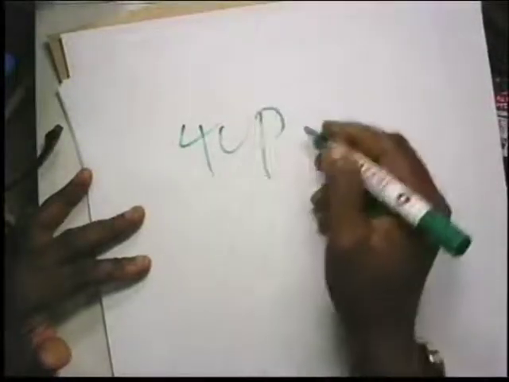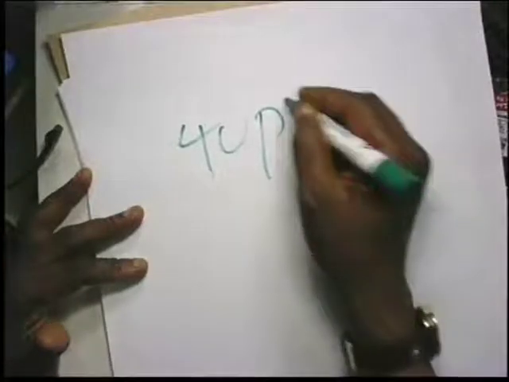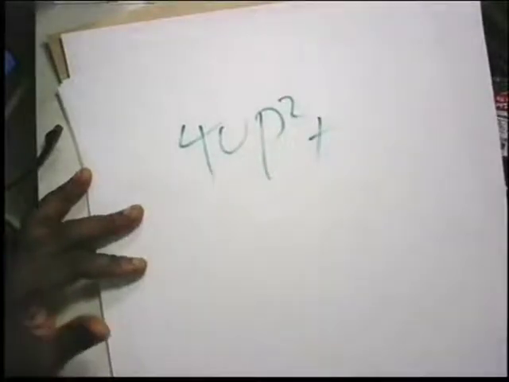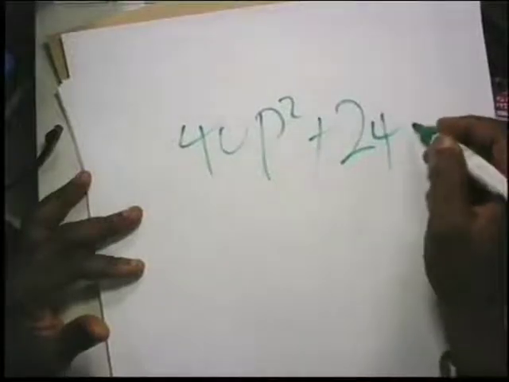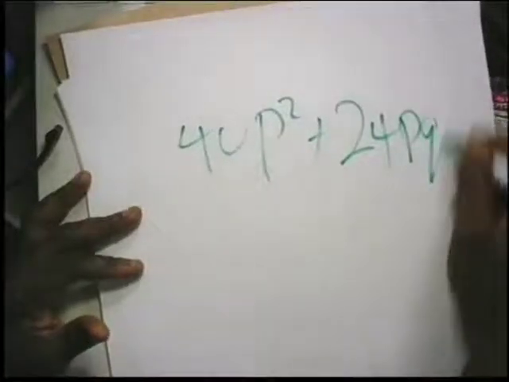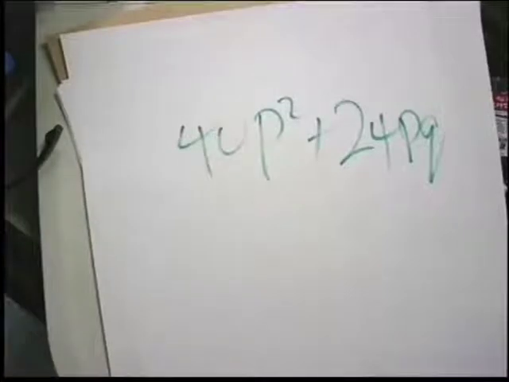Factorize this expression: 40p squared plus 24p cubed.